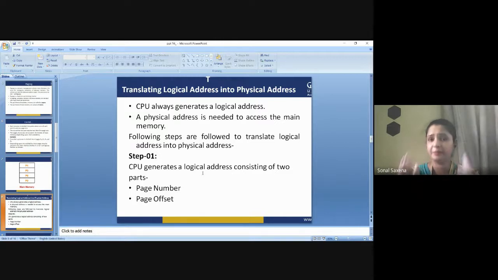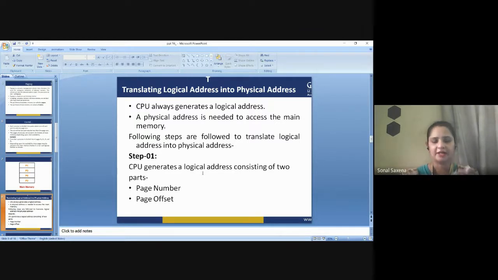And that page also consists of a lot of stuff of your process. So at what particular point do you want to execute? Let's say I want to execute the 10th line, or the 50th line. That is your page offset. In my book example, it would be paragraph number 3. That is my page offset.